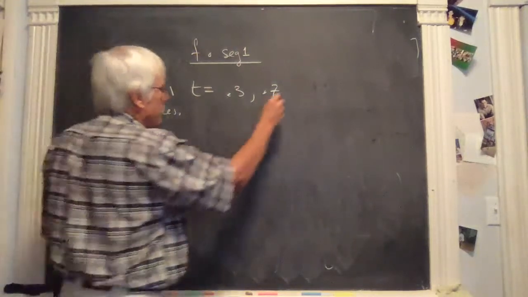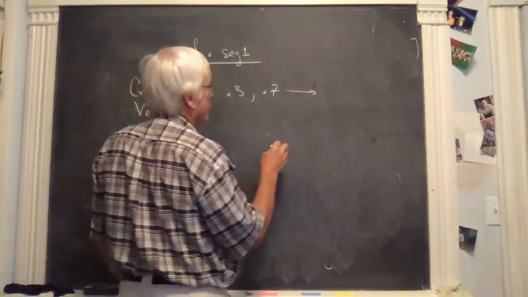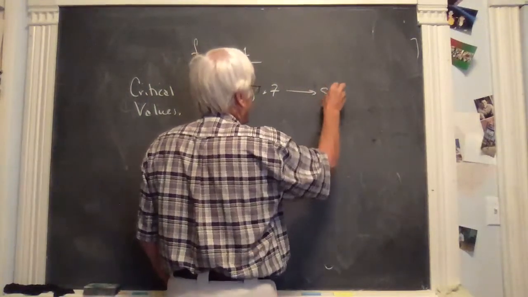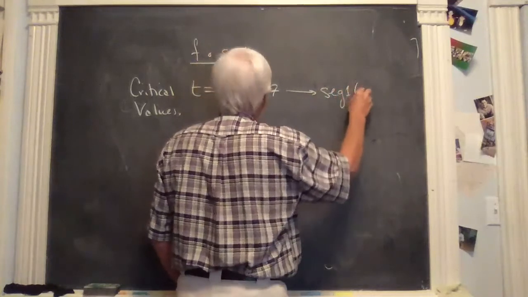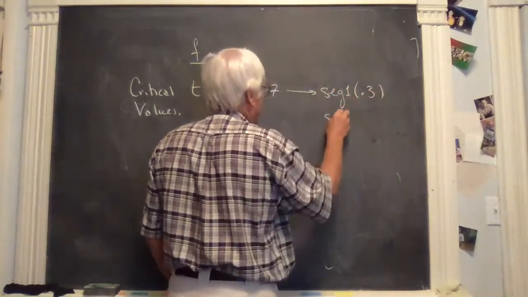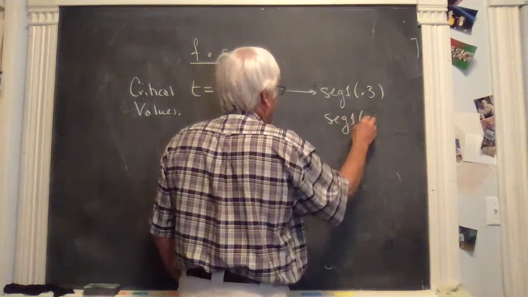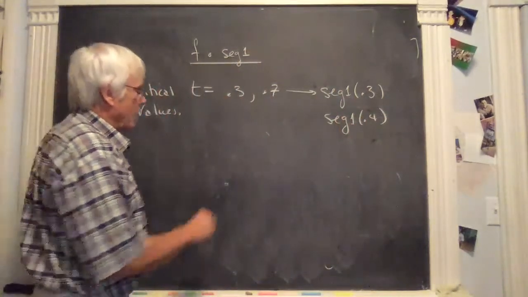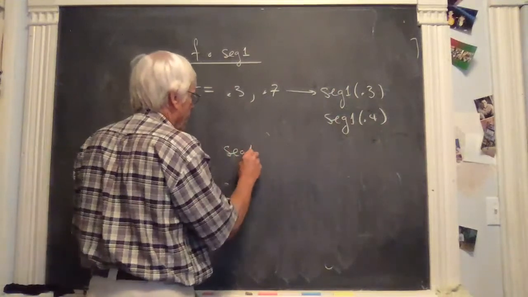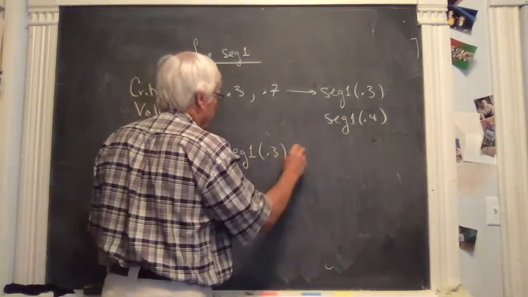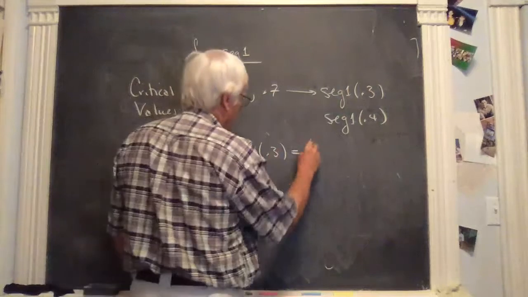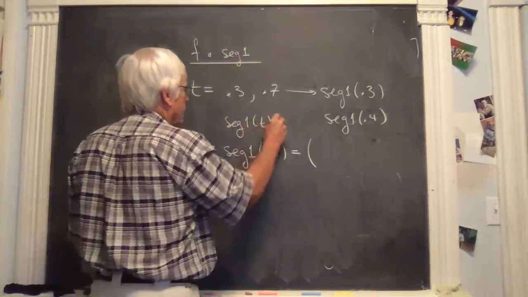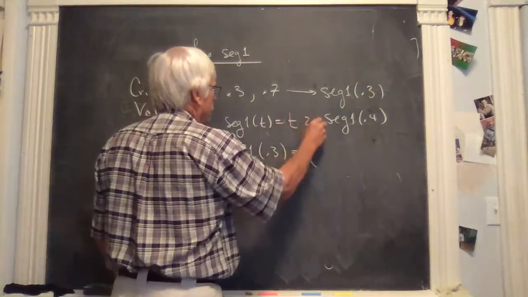And these yield points of the plane, of the boundary of the triangle, segment 1 of 0.3 and segment 1 of 0.7. Now, segment 1 of t was t, 2t.